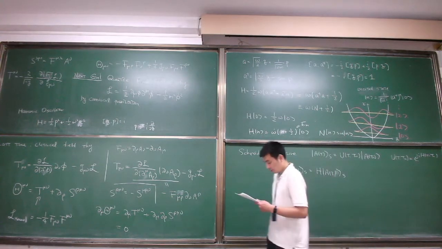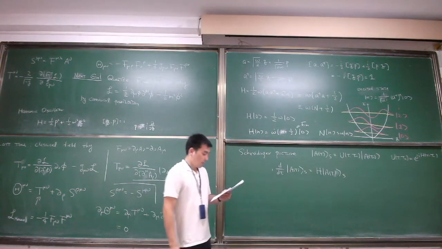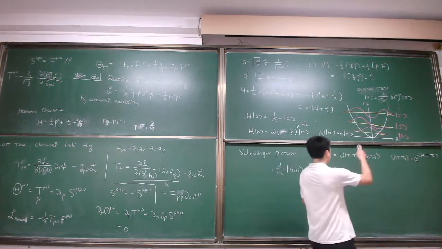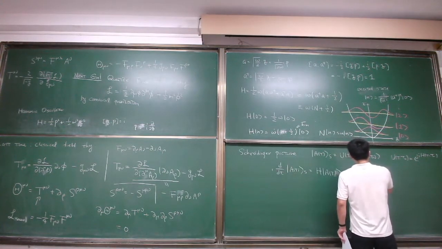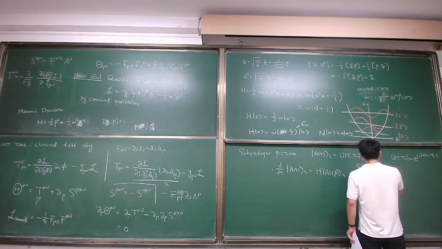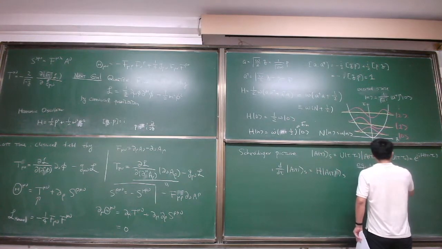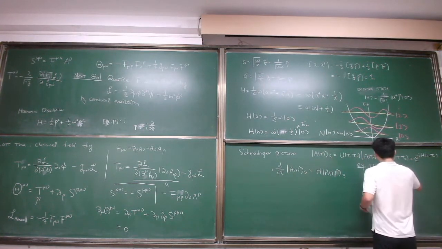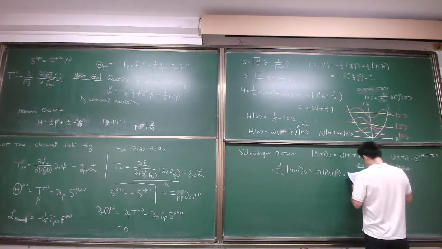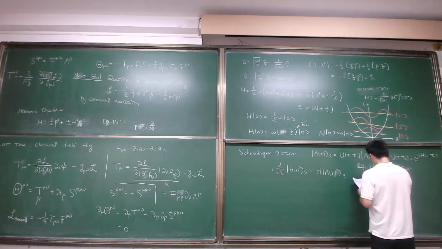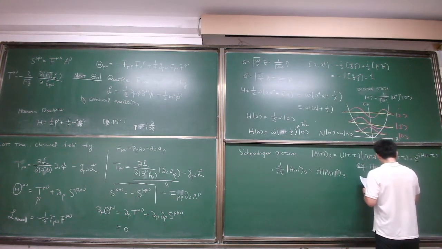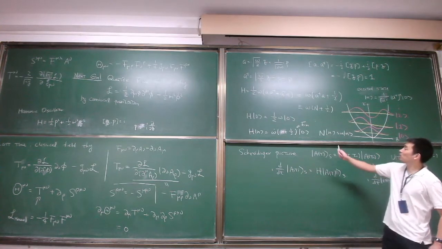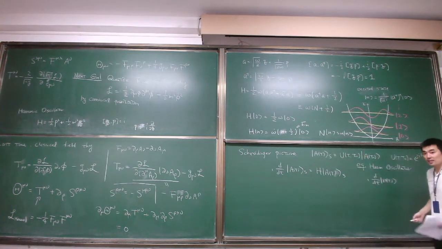So you get the Schrödinger equation this way, in terms of, for example, the harmonic oscillator. The Schrödinger equation for the state n of t: this state will evolve as time goes by.